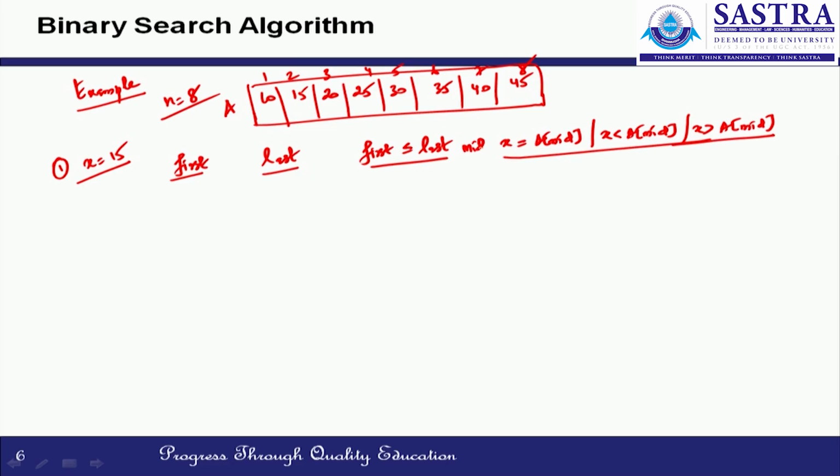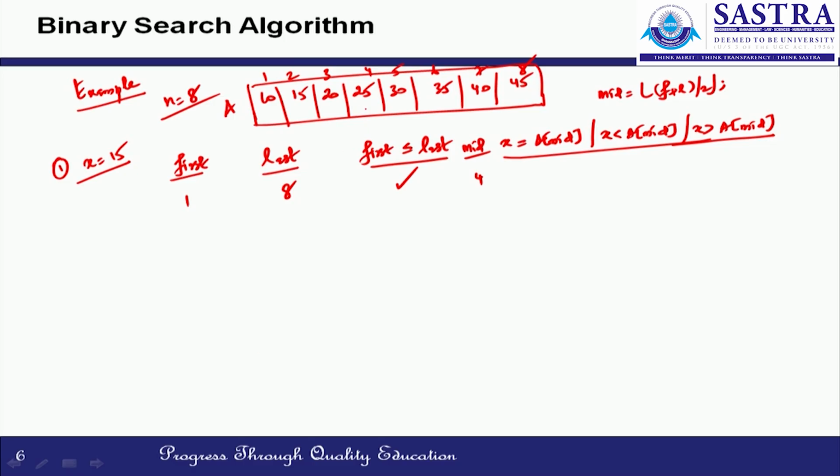Here mid is the lower bound value of (first plus last) division 2. Initially first is 1, last is n which is 8, first less than or equal to last, condition is true. Finding the mid value: 1 plus 8 is 9, 9 by 2 is 4.5, so mid is 4.